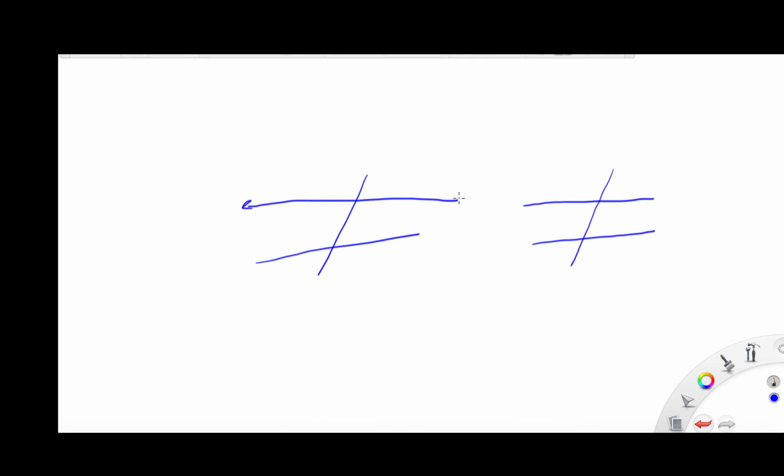If you have arrowheads on every single line here, it means those lines are independent and are not parallel. Let's say we name this line A, this line B. So A is not parallel to B. Parallel would be those two lines next to it.